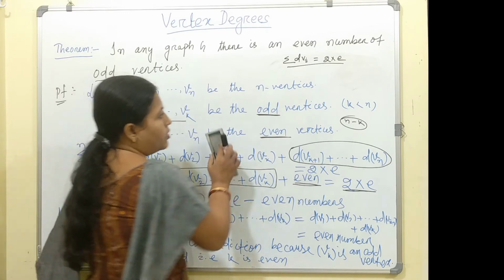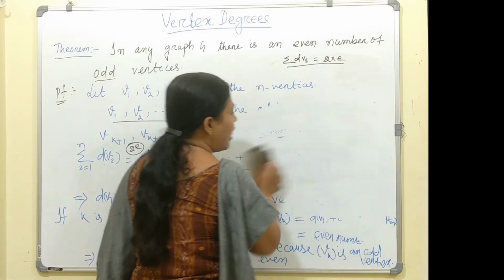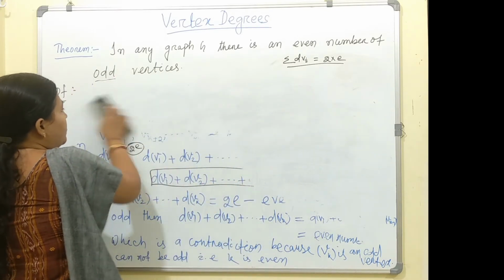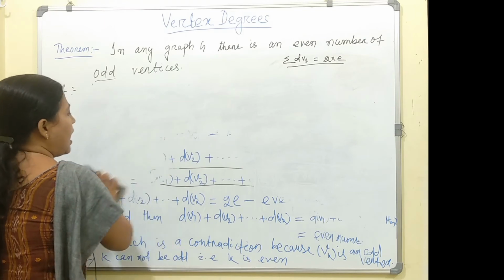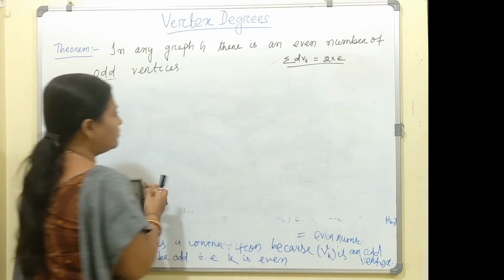To see this, we will take one graph and count the number of odd vertices and even vertices.